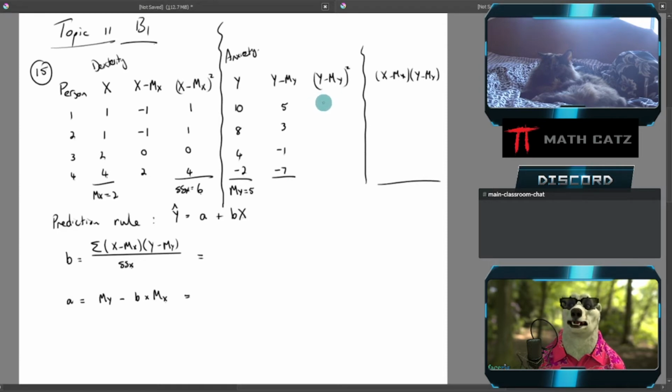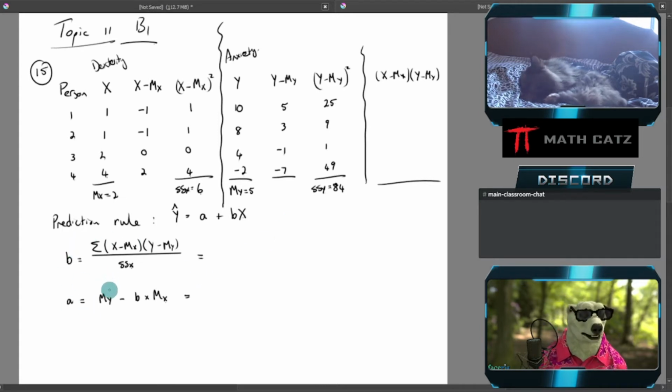Then we square them: 25, 9, 1, and 49. We are going to need this later, so I might as well do the sum of squares of y now. 25 plus 9 is 34, 35, 84. We don't need the sum of squares for y in these formulas, but we do need it for the standardized regression coefficient later.